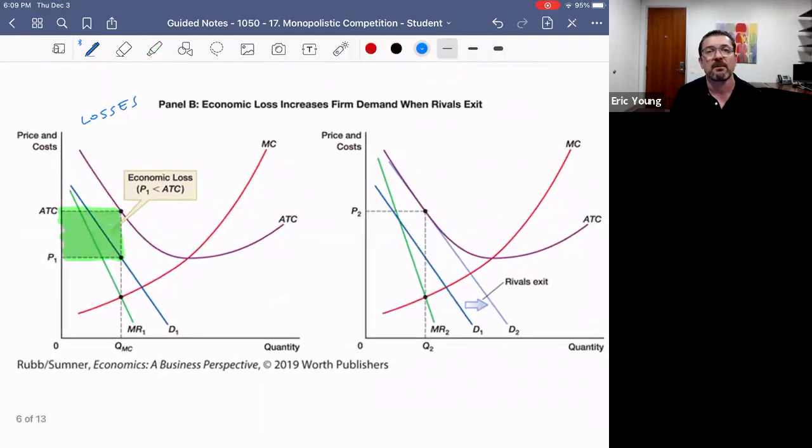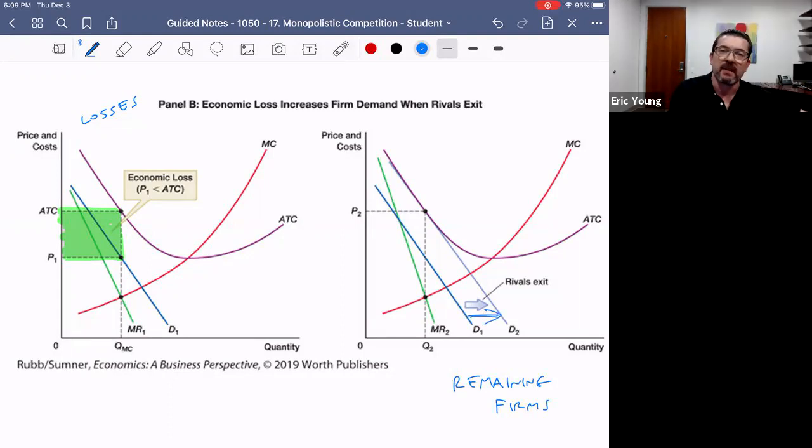Well, as some of the firms exit, for the remaining firms, this is the critical thing. You have to remember, these are the firms that remain. For the remaining firms, the exit of rivals will increase market share for the remaining firms.